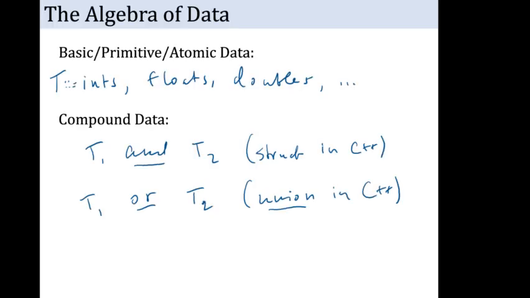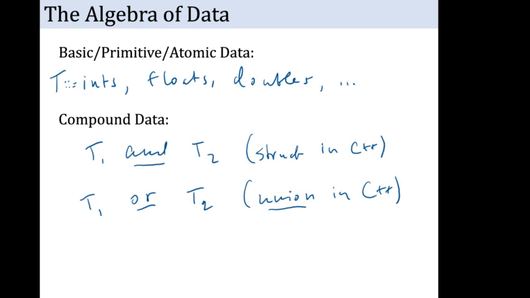Okay, so this is where we're talking about algebraic data types. There's sort of an algebra of data, where you have some base types, like ints and floats and stuff like that. In Pirate, we have string and number and Boolean and whatever else. And then there are ways of taking existing types and forming new ones.